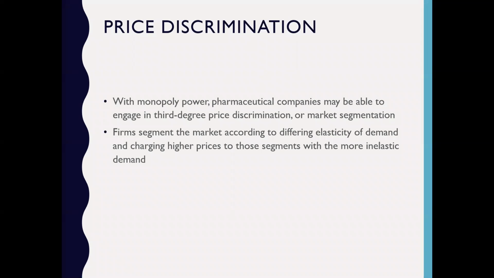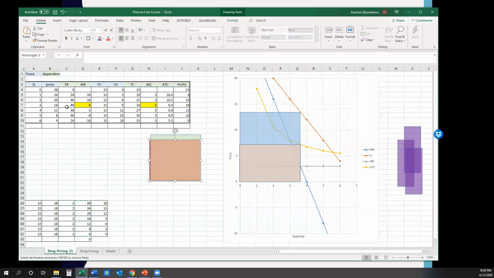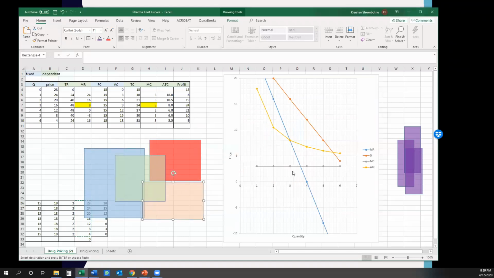Now, with monopoly power, pharmaceutical companies can also engage in price discrimination. And this will take an interesting form in the pharmaceutical industry. Let me explain price discrimination again. We've done this in class, but in Excel, you can see it a little more clearly.